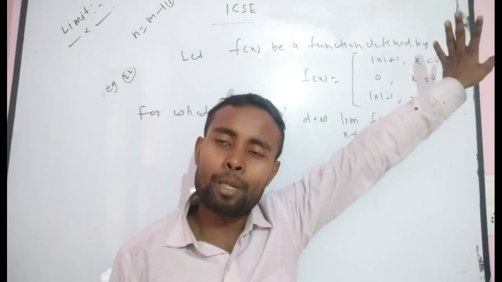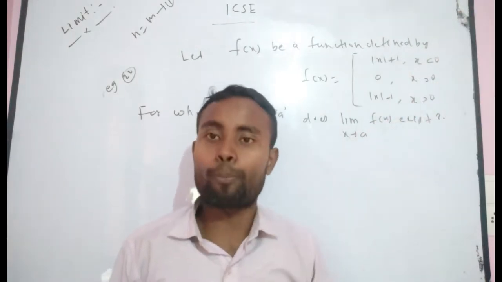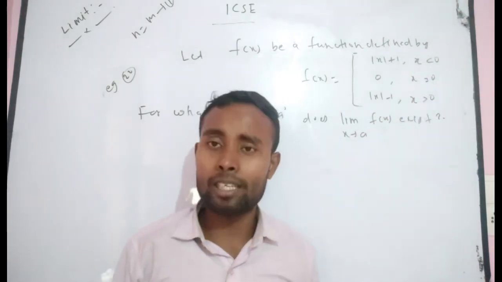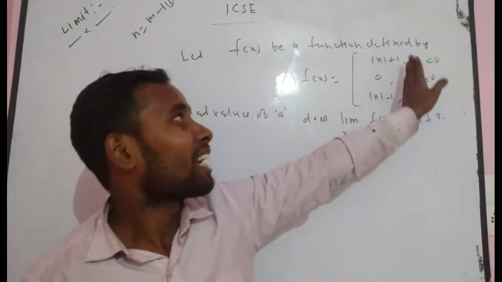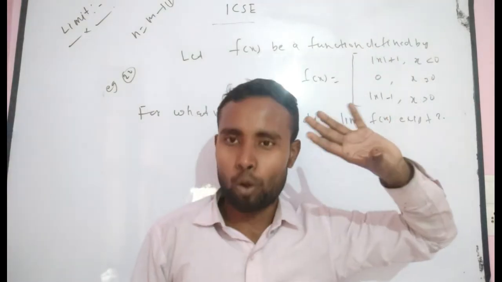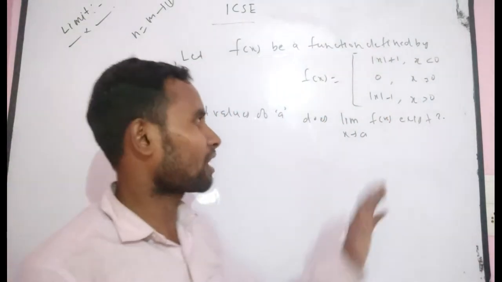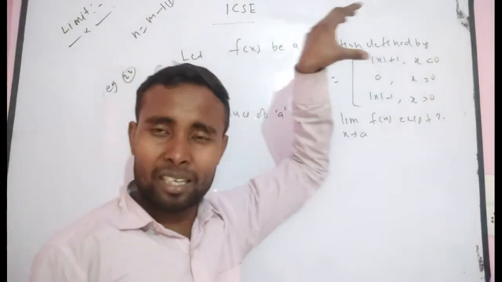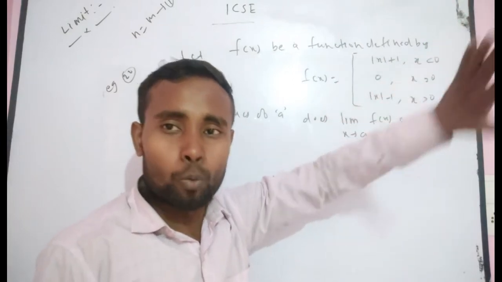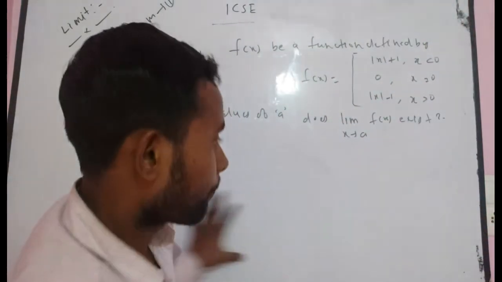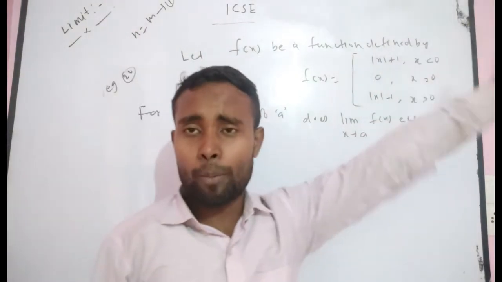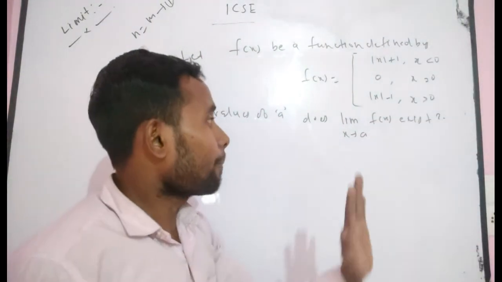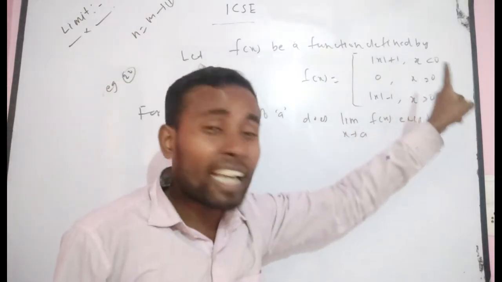Otherwise, everywhere the limit exists in most problems. Sometimes it doesn't exist, but for a polynomial function or simple rational function, you don't check. Simply only check at the doubt point.